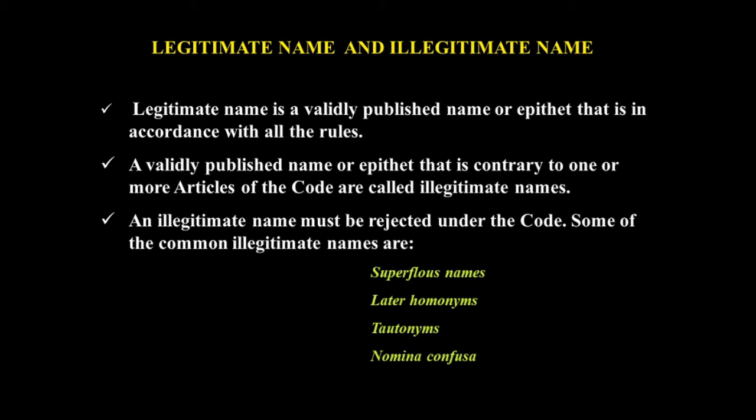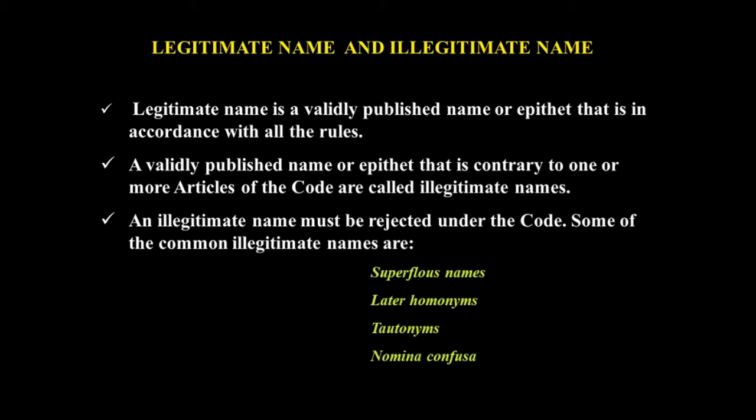Some of the common illegitimate names are superfluous names, later homonyms, tautonyms and nomina confusa. So these are some examples of illegitimate names. Superfluous names were discussed earlier. This is when a taxon is given a name when it already has another name based on a different type. Then the later published name is known as a superfluous name.